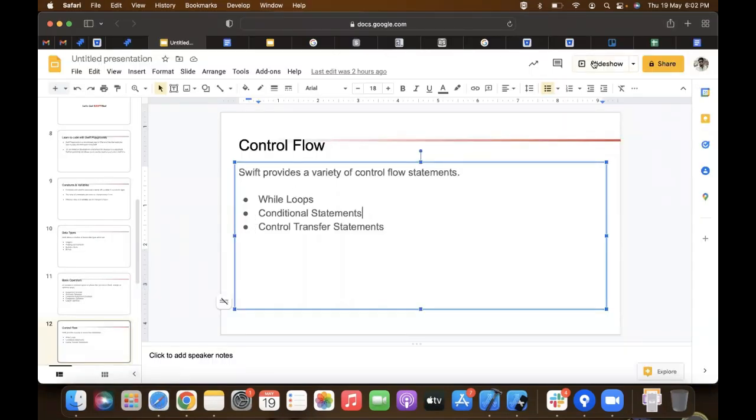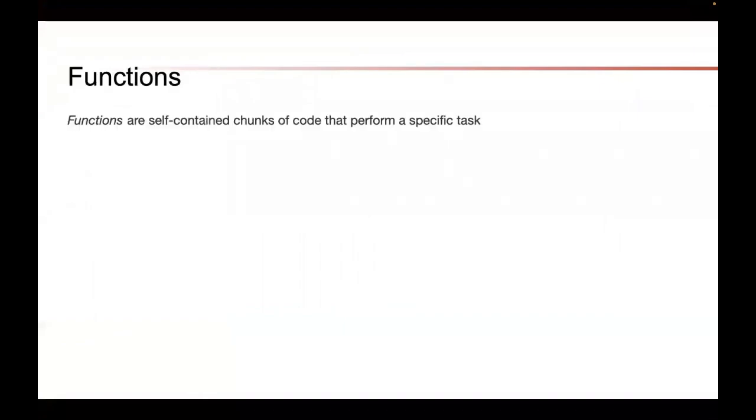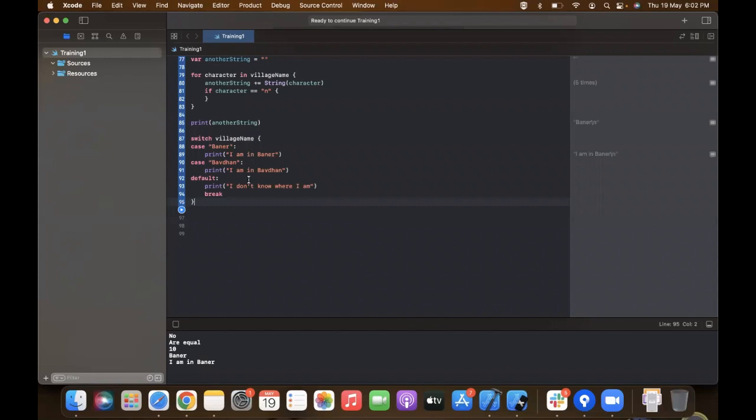Okay, so after control flow, the next part is functions. So what are functions? Functions are self-contained chunks of code, meaning a self-contained block of code which is used to perform a specific task.